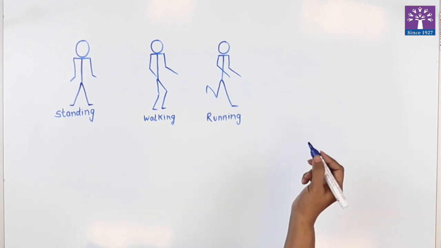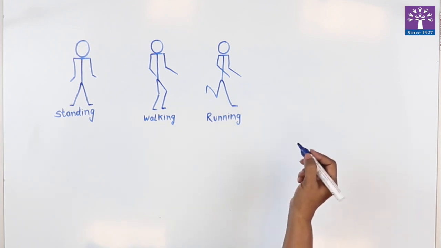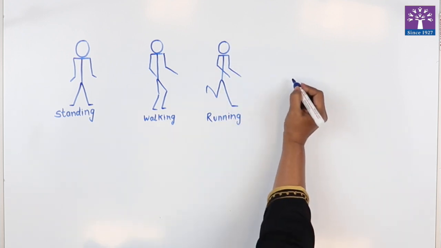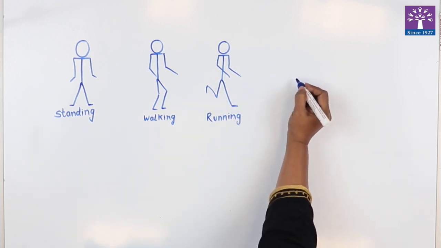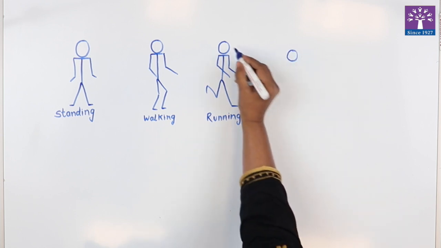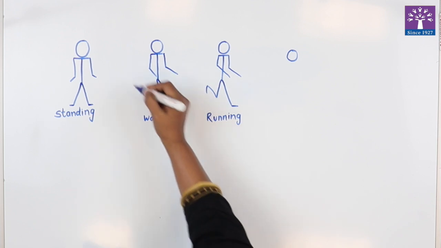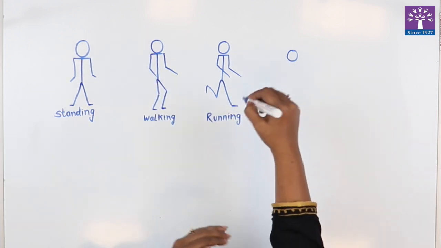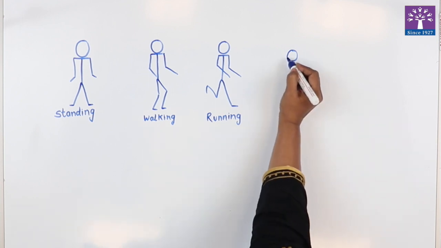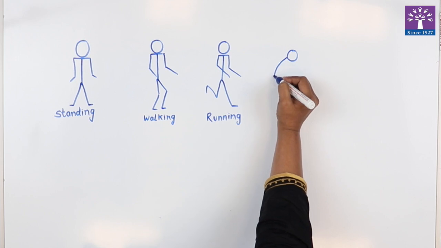Let's learn how to draw a bending stick figure. All these figures are upright. The bending figure, the head will be slightly lower. See, these are standing upright figures. But since you're bending down, your head will be below. So when you bend down, your back also bends.